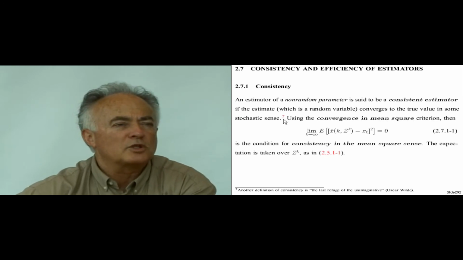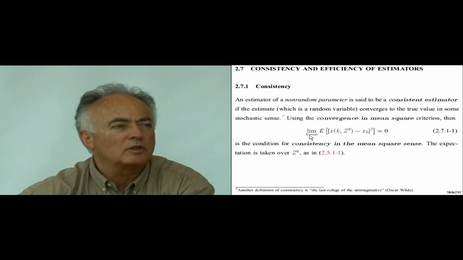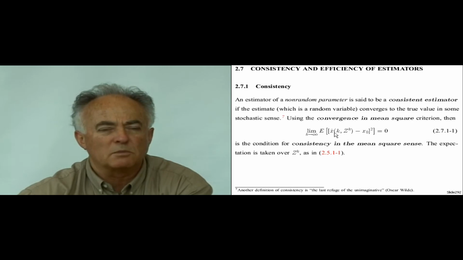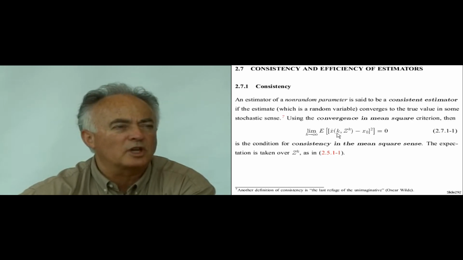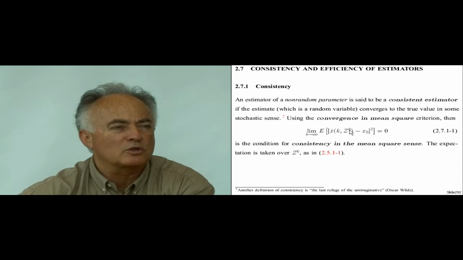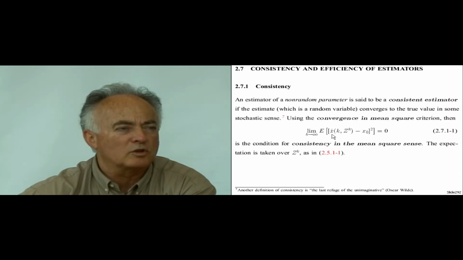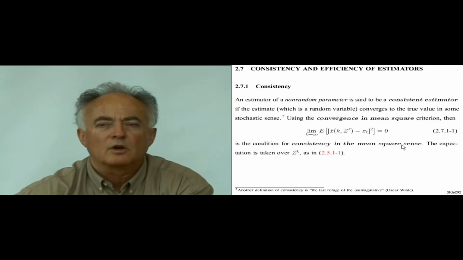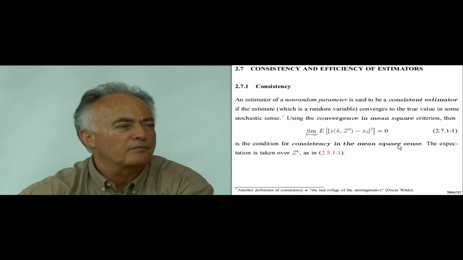Using the convergence in mean square criterion, we have that the limit as k goes to infinity of the expected value of the square of the error, x hat, now written out in full as a function of k, the number of data points, and z^k, the cumulative data set, minus the true value. So this is the mean of the square of the error. This goes to 0. This is the consistency in the mean square sense, which implies we have mean square convergence.